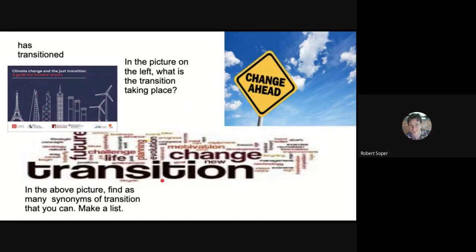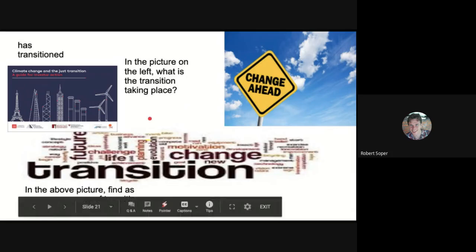So to shift from one thing to another is to transition, or even to convert from one thing to another. There's also a word called passage being used as a verb, and you can passage from one thing to another. So when you transition to something, you kind of change what you're doing, or you cross into it. So it kind of means like changing your path.